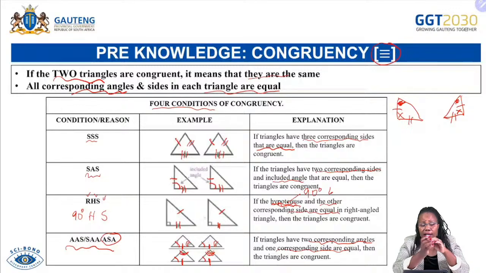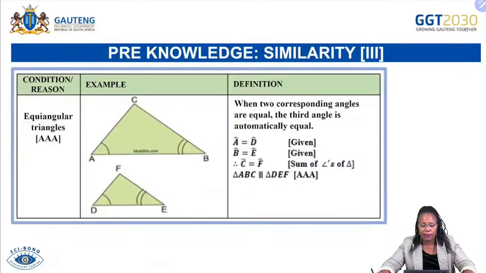Then it is angle, angle, side, or you can say side, angle, angle. It's fine with us, grade 12. Anyhow, you can write angle, angle, side, side, angle, angle, or angle, side, angle. But be careful, it must be corresponding angles with the corresponding side.